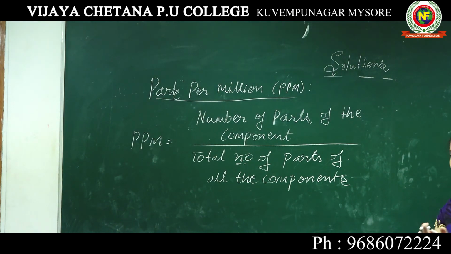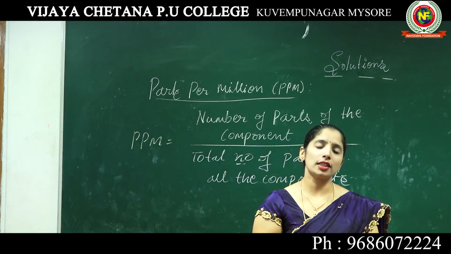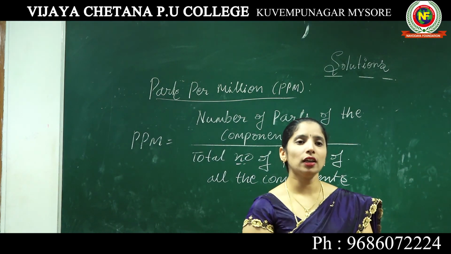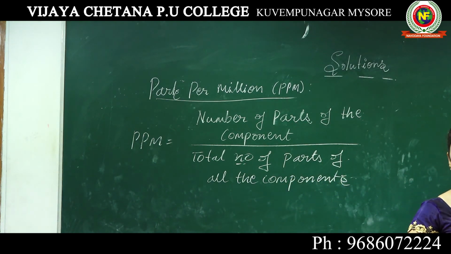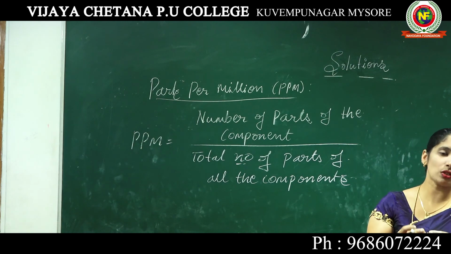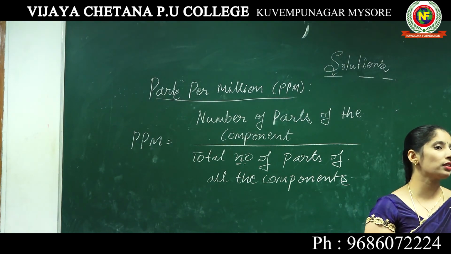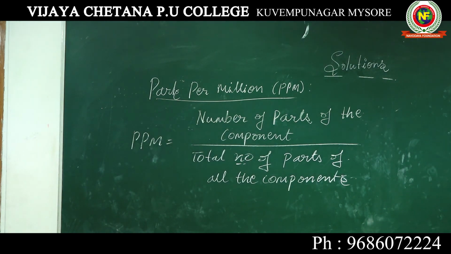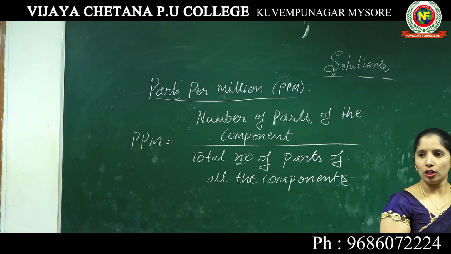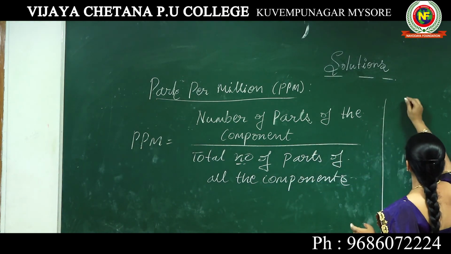Or, for example, dissolved oxygen in sea water, traces of solute are present in the solution. In those cases we express the concentration in parts per million. Now let us discuss parts per million with one problem.